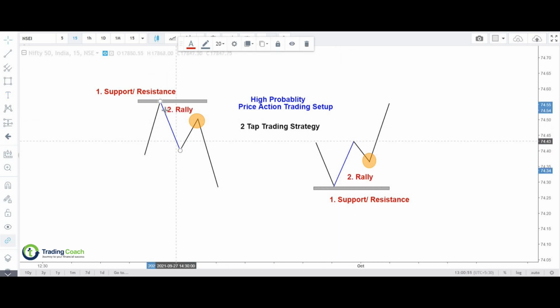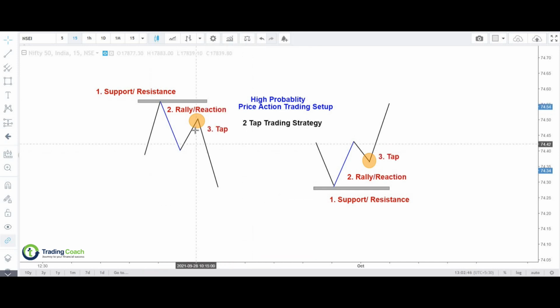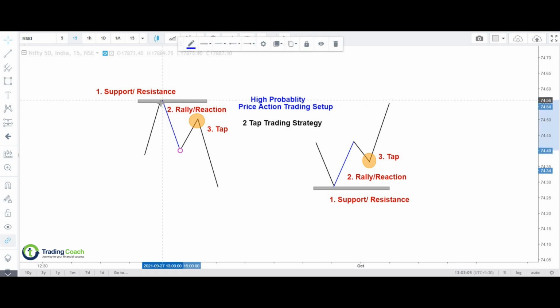The second most important point is, right after marking the support and resistance, you need to see either a rally or a sell-off, a reaction from the support or resistance. Right after the reaction phase, the next phase is what we call a tap. A tap is a kind of retest. In the first diagram, after touching the resistance, we had a sharp sell-off, so the prices had a sharp fall.